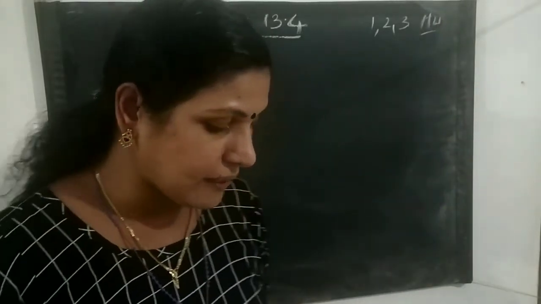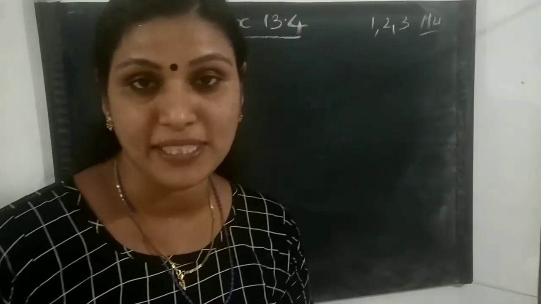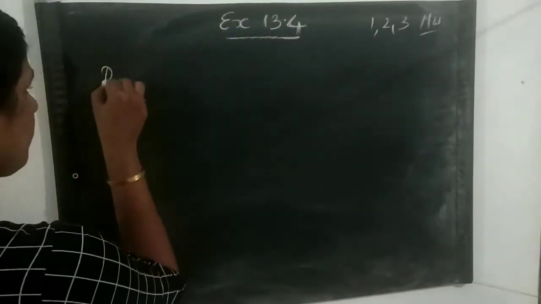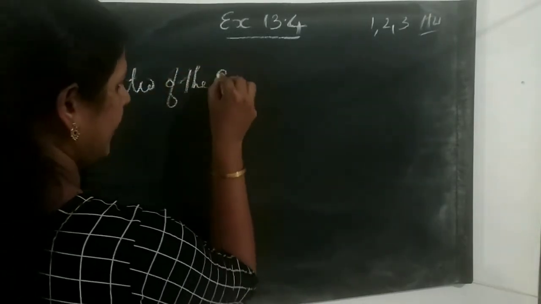And the fourth question is: the radius of a spherical balloon increases from 7 centimeters to 14 centimeters as air is being pumped into it. Find the ratio of the surface area of the balloon in the two cases.